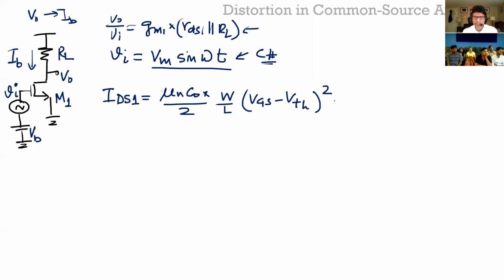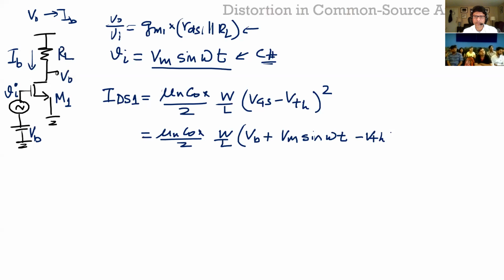Obviously here I'm neglecting lambda, but that's not important. I can write this as mu n Cox over 2 times W over L, and VGS in this case is some DC bias VB plus your audio signal, Vm sine omega t, minus VTH, whole squared.